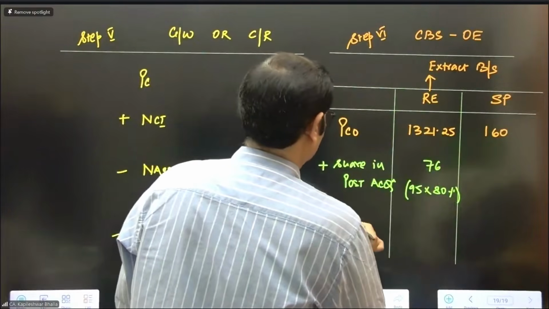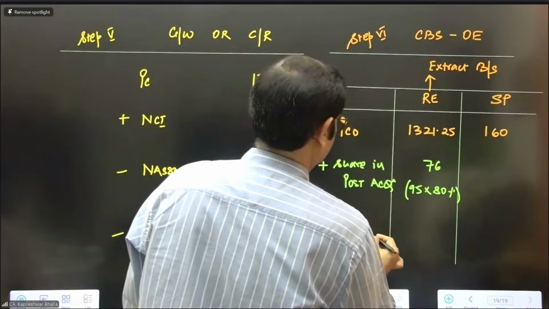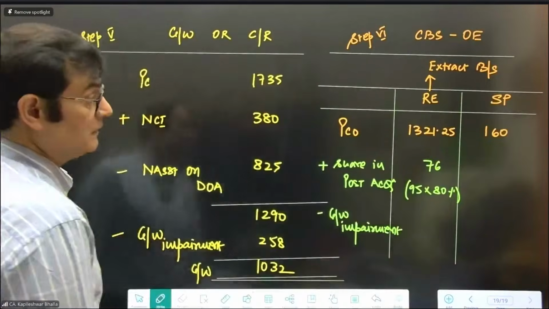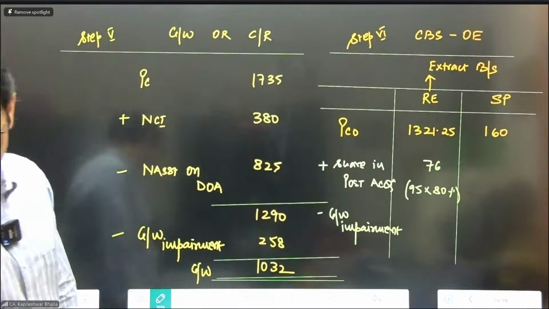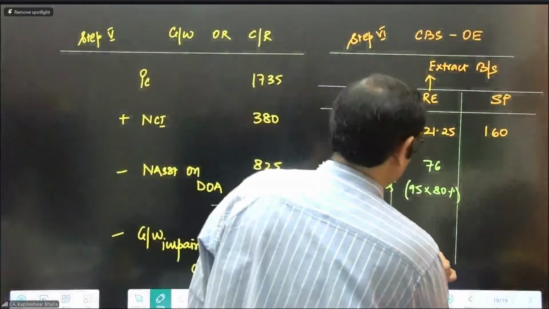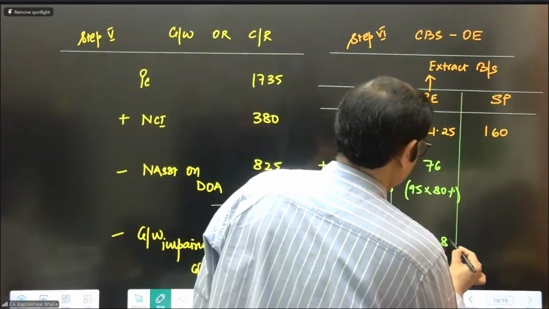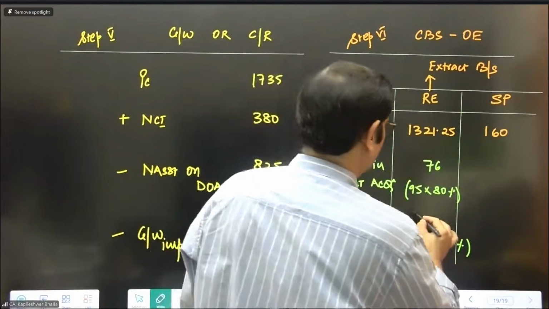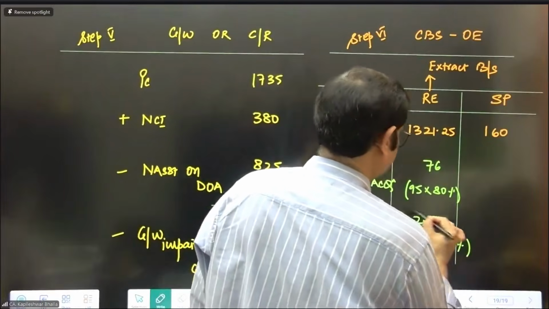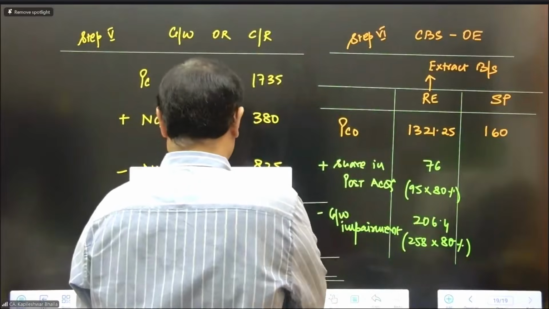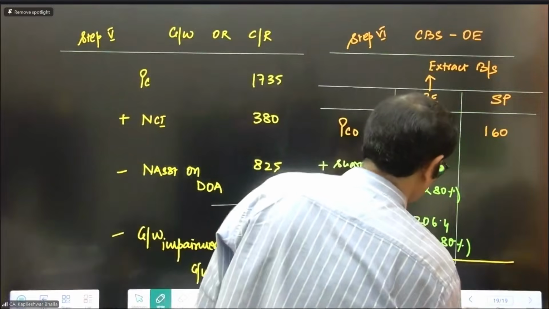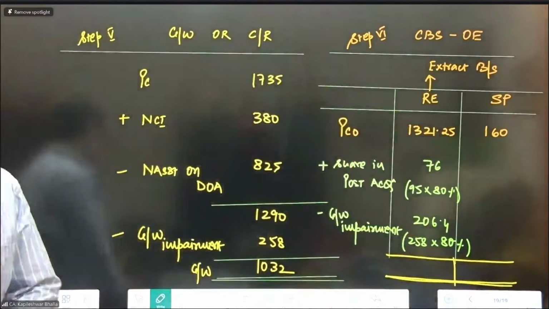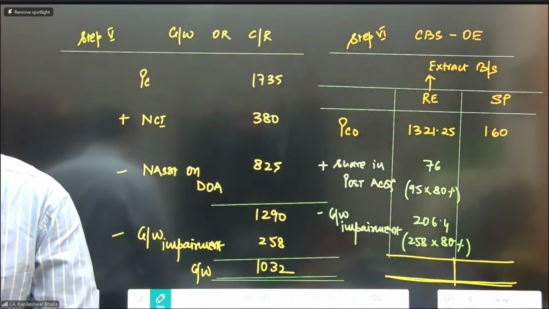And then we need goodwill impairment, and goodwill impairment will also be 80% parent share. So goodwill impairment was 258 into 80%. That's 206.4. Okay, so based on this information, we have got the other equity figure for the balance sheet consolidation.